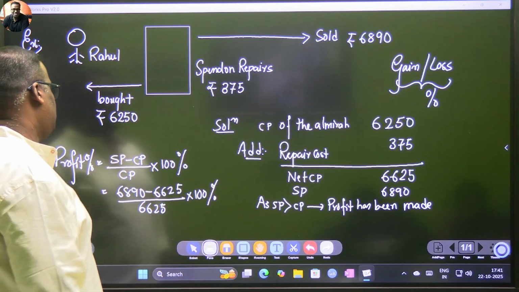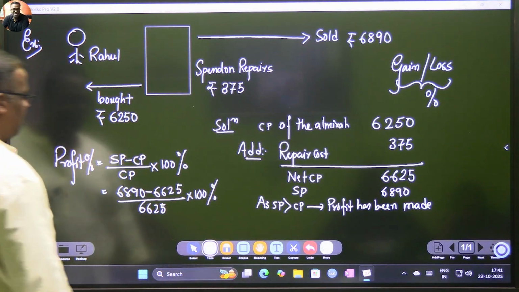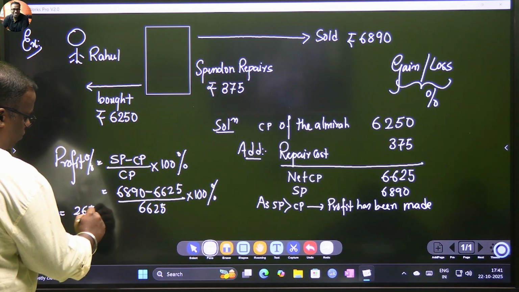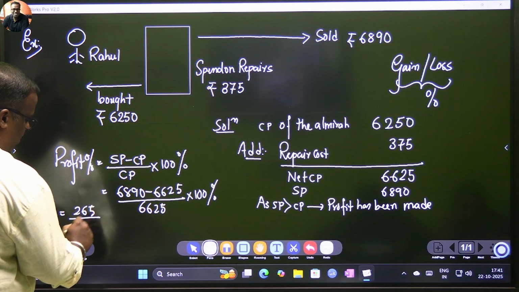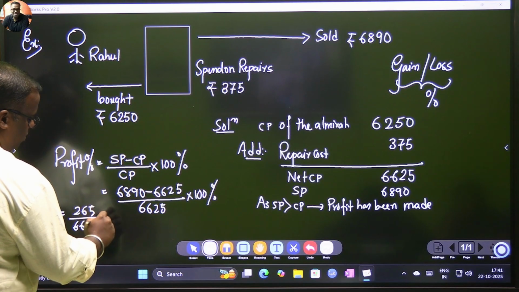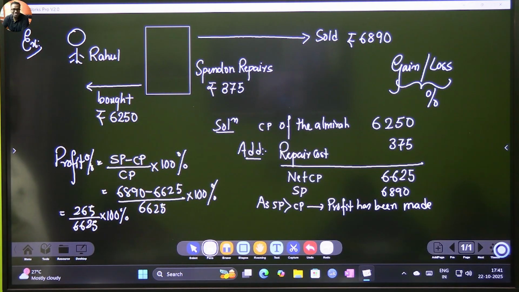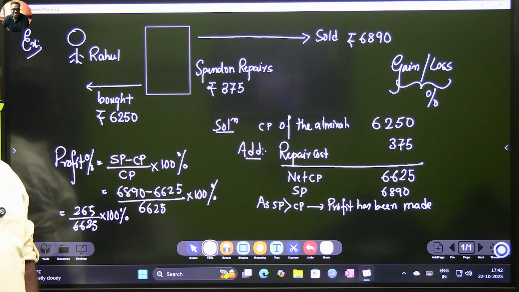How much is the difference? 265 over 6625 multiplied by 100%. So try with 5. 5, 25. Did you understand how to do this problem? Clear? No doubt.